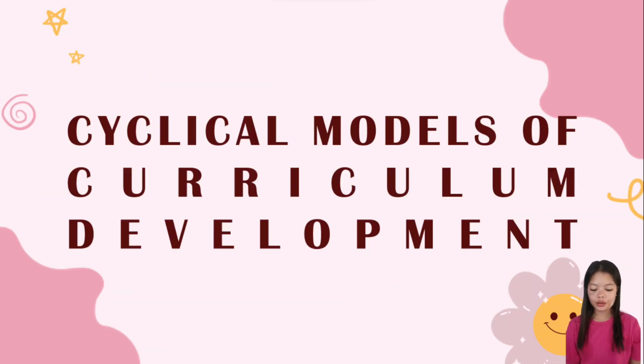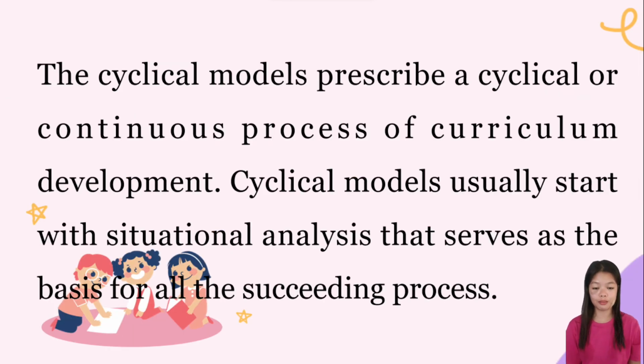Now, let's go to the cyclical models of curriculum development. When we talk about the cyclical models, it prescribes a cyclical or continuous process of curriculum development. Cyclical curriculum models usually start with situational analysis that serves as the basis for all the succeeding processes.